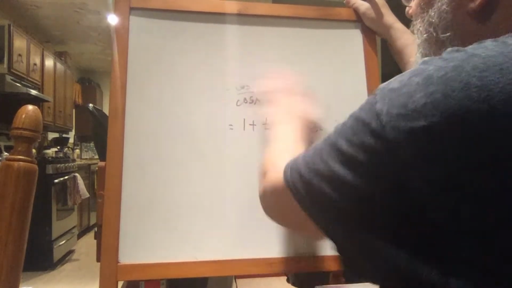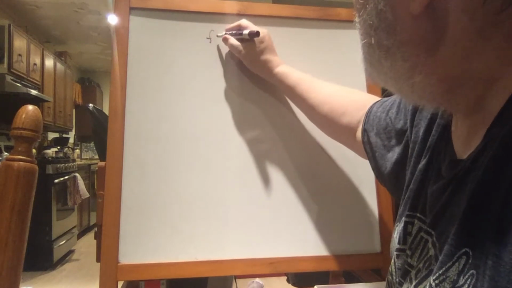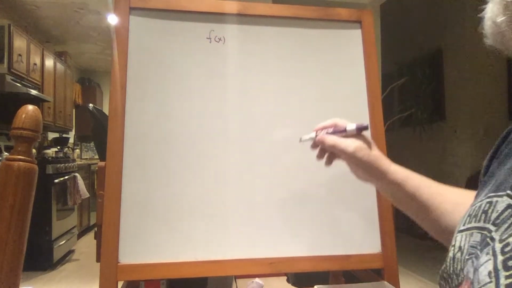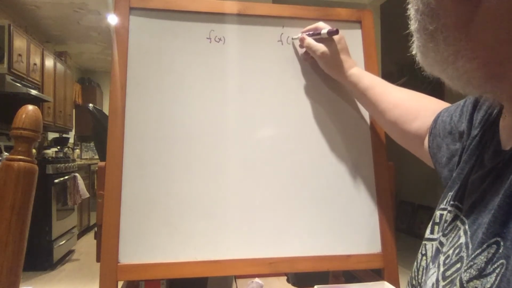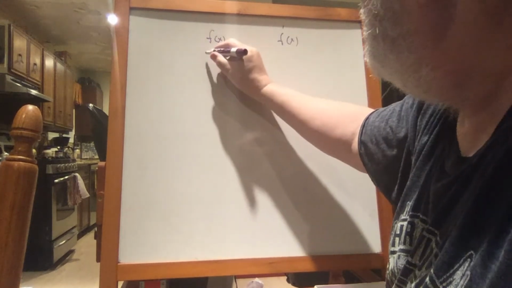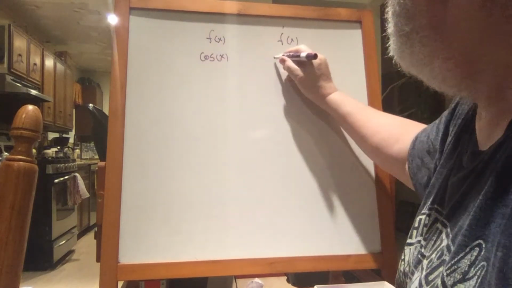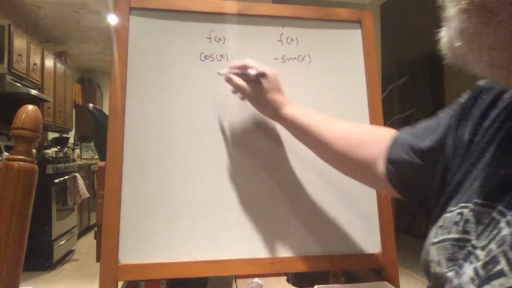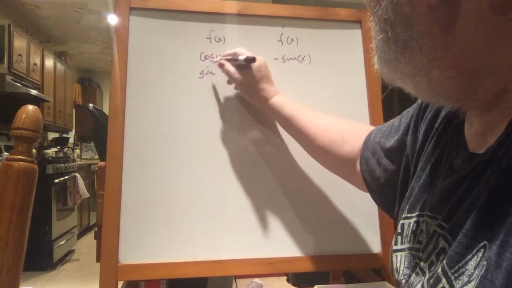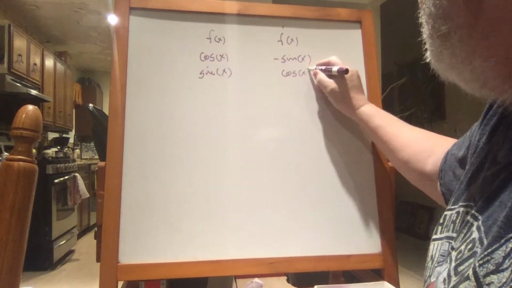So we can sum them up. We're going to make a table here. We're going to have f of x for the trigonometric functions, and we're going to have f prime of x. So cosine of x is the minus sine of x. The sine of x is cosine of x.